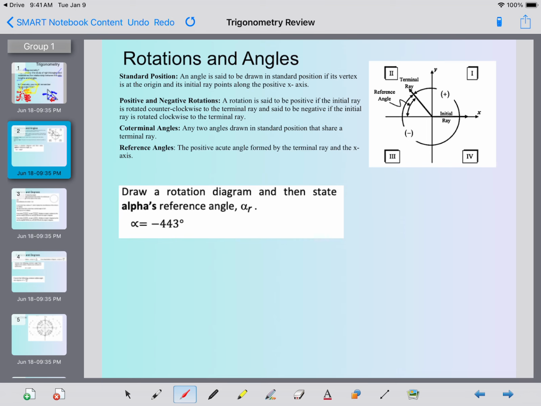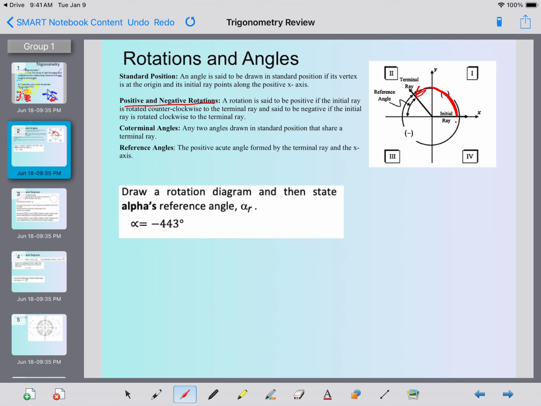So first, here, we have this angle in standard position. That's because the initial ray starts at the origin and it's along the x-axis. Positive and negative rotations. In math, a positive angle is going counterclockwise.